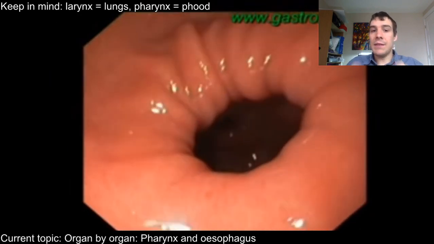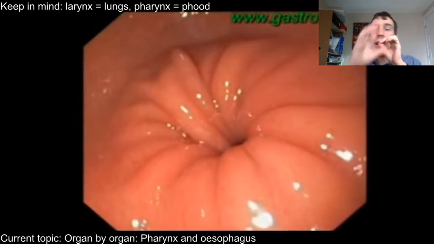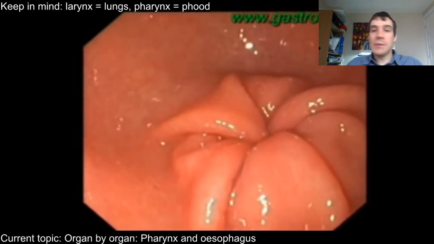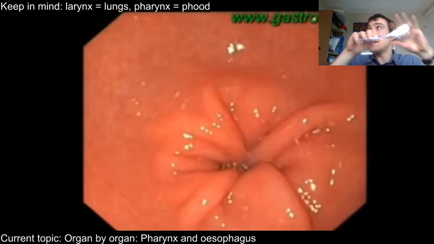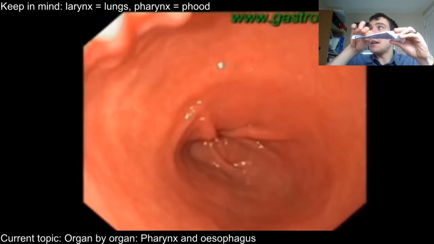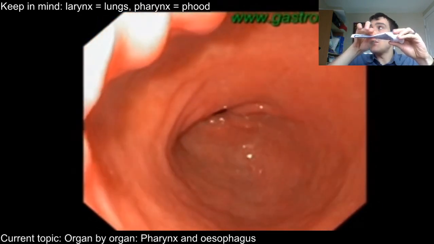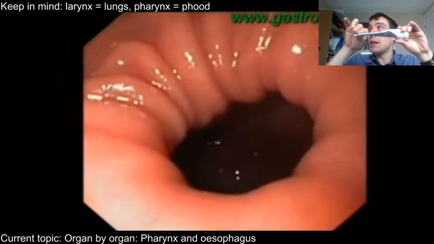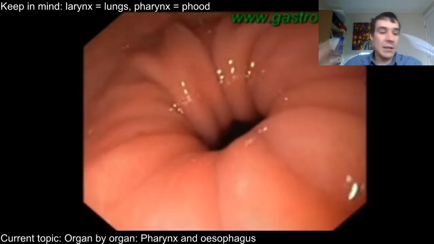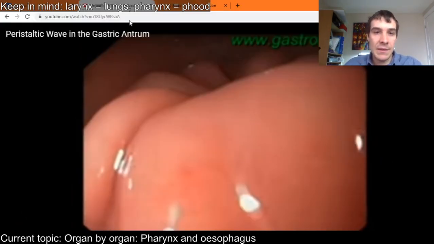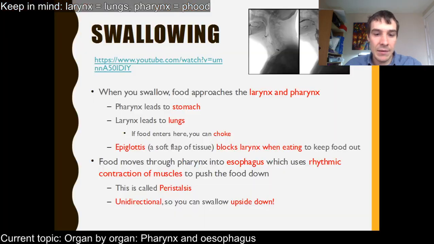The esophagus is one long tube of muscle, and it squishes bit by bit, almost like squeezing out a tube of toothpaste, and it opens up behind, and then there's a second one that starts going, and it pushes the food along in this manner. Both of these videos will be in the description if you want to freak out your friends.